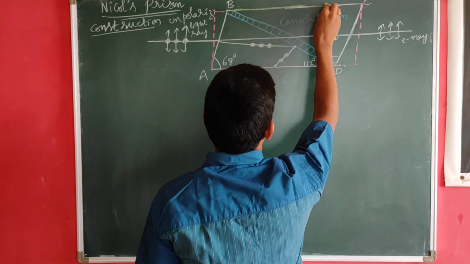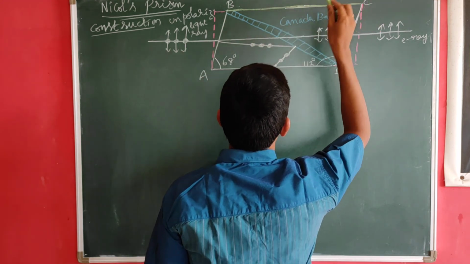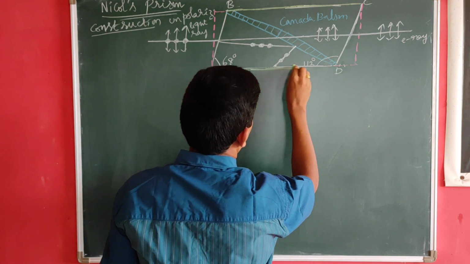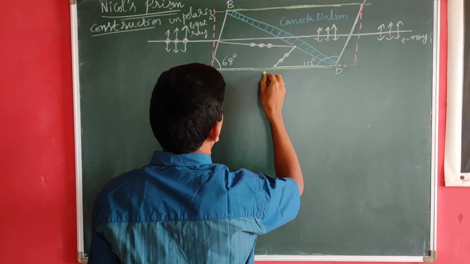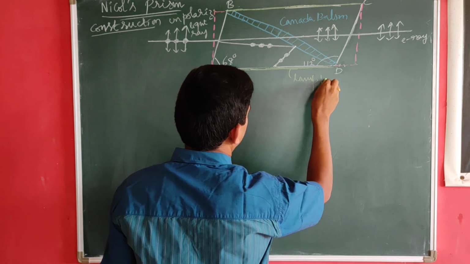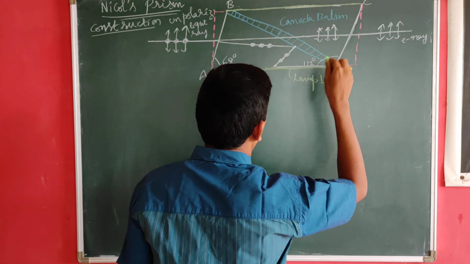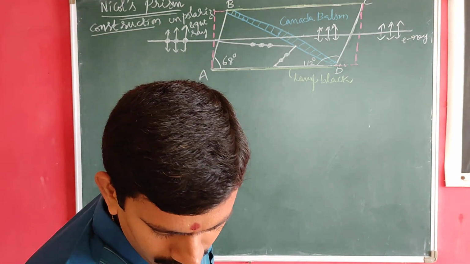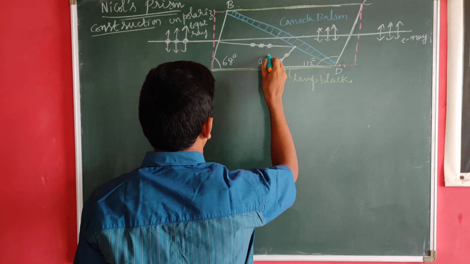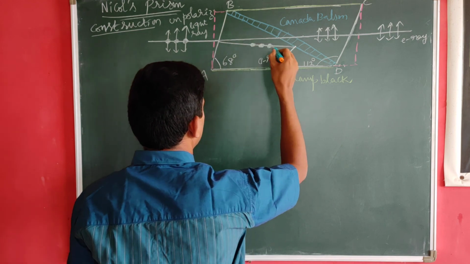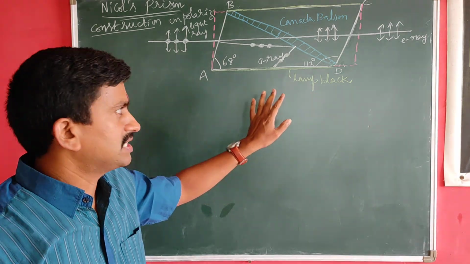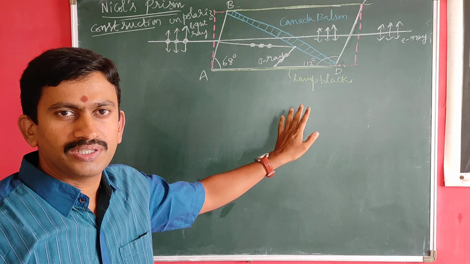I represent that lamp black coating with the green chalk mark. These two are coated with lamp black. What is lamp black? Why is it coated? We will discuss everything one by one. This is the ordinary ray. So this is what we call the construction of the Nicol prism.